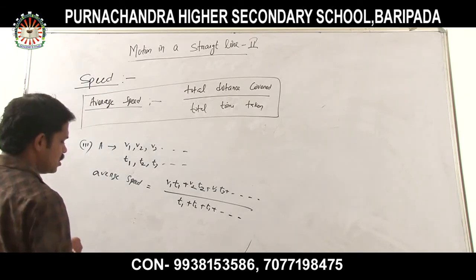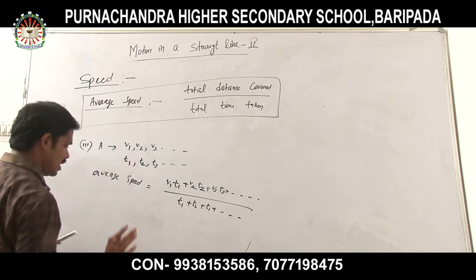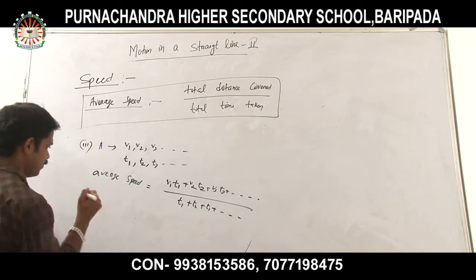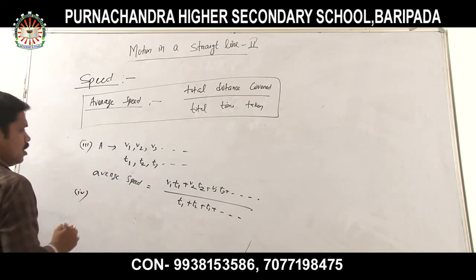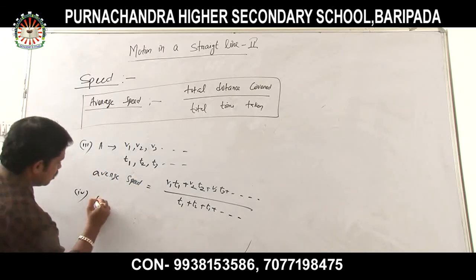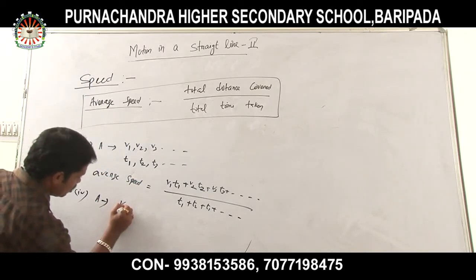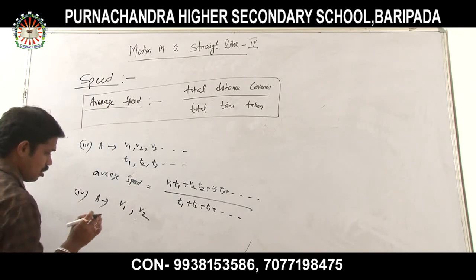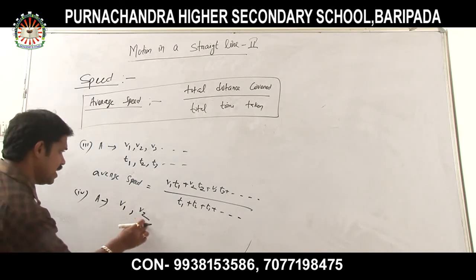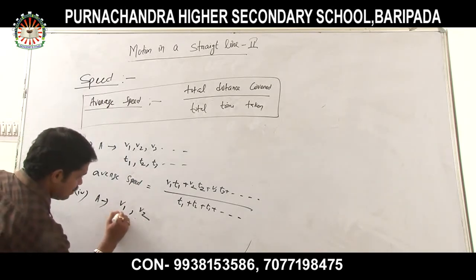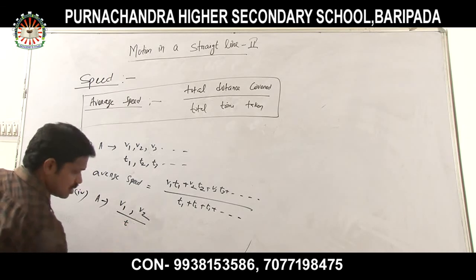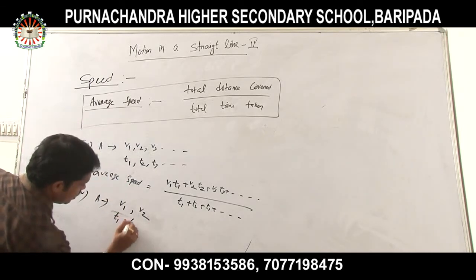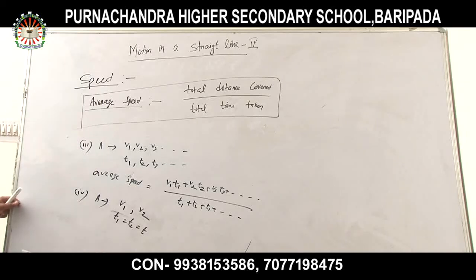Clear? Okay, in this same situation, this is case number 4. Suppose the object A is having velocity v1 and v2, but for the same time interval, that is t1 is equal to t2 is equal to t.